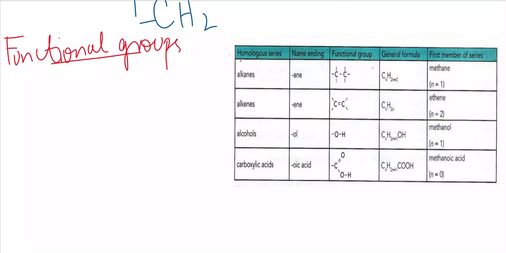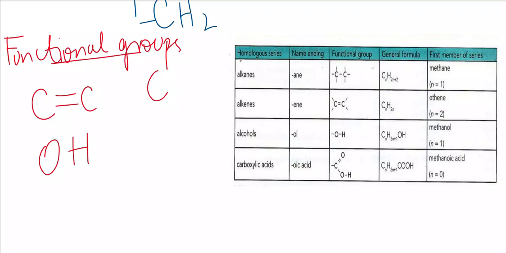So the carbon-carbon double bond present in alkenes is the functional group for alkenes. For alcohols, the functional group is OH, the hydroxyl group, and for alkanes, the carbon-carbon single bond.